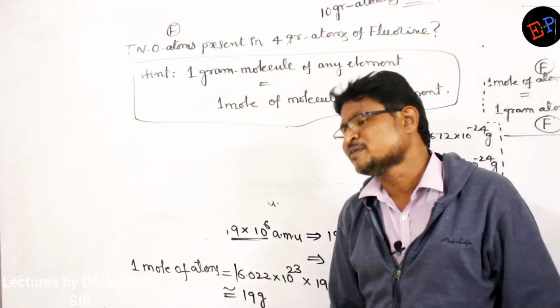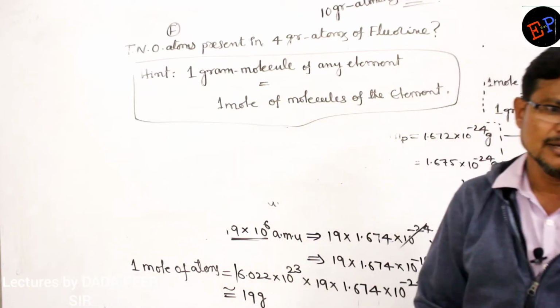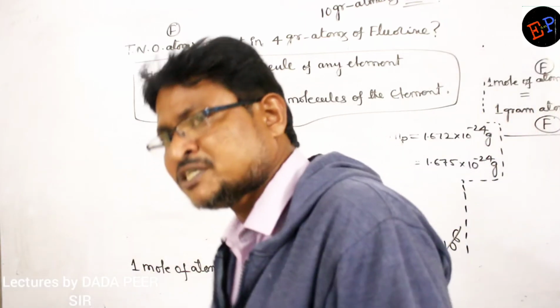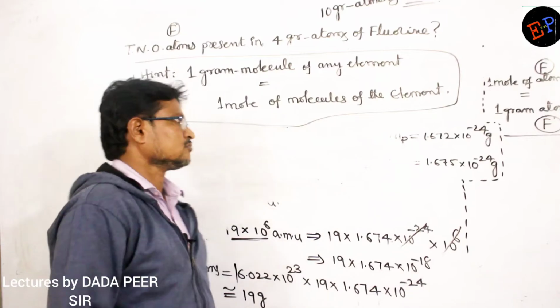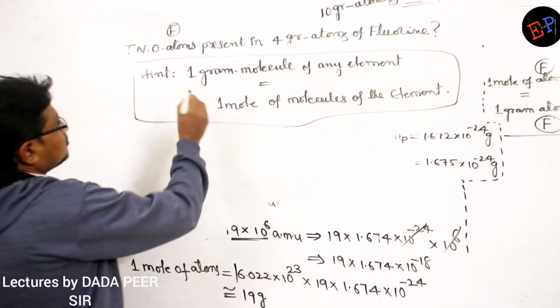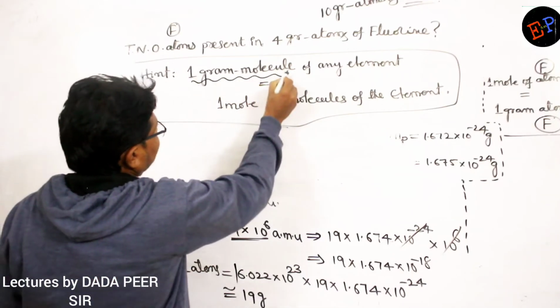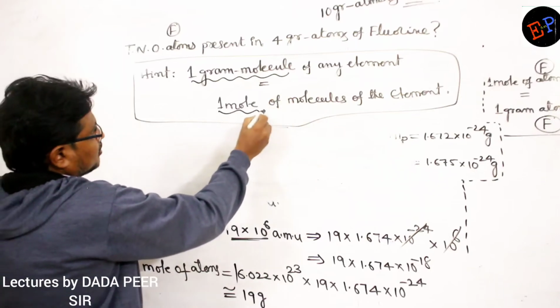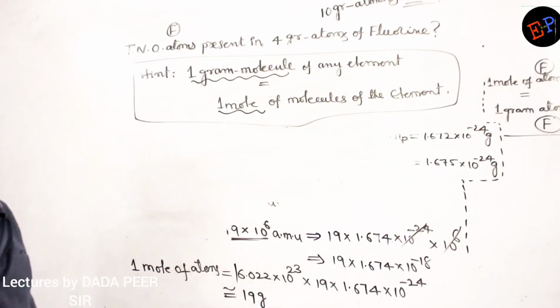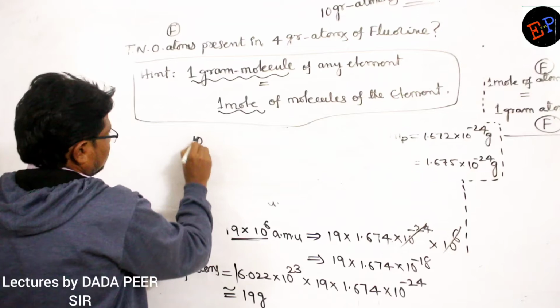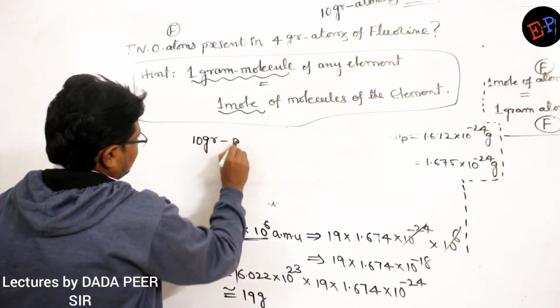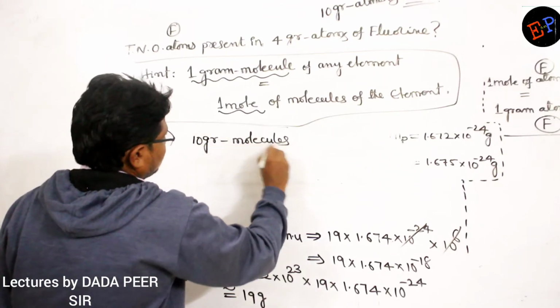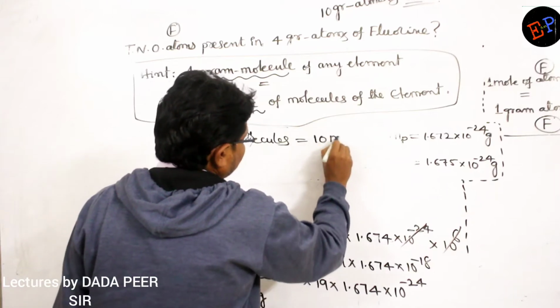Then how many moles? 10 moles. See, 1 gram molecule is equal to 1 mole, then 10 gram molecules is equal to 10 moles.